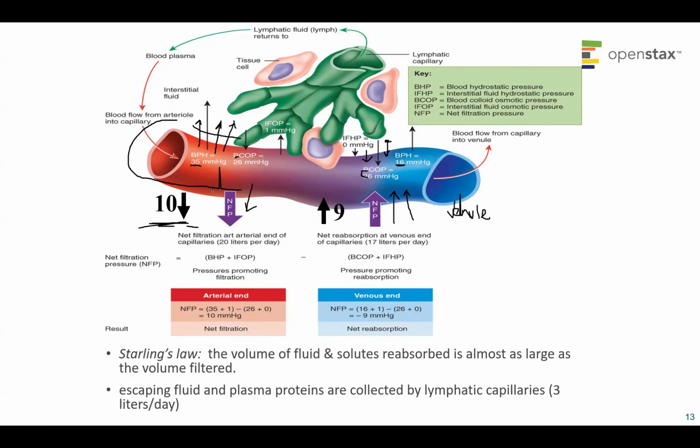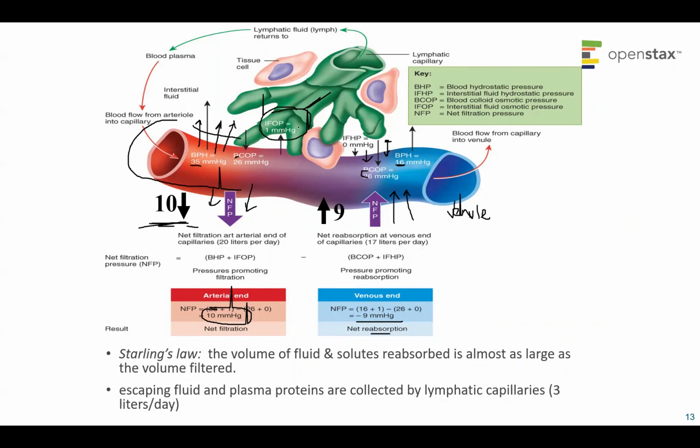Okay, so it will create the net filtration of around 10 millimeters of mercury, and then the net pressure over here, the net reabsorption, is minus 9 millimeters of mercury. And remember, it has to be balanced. What is the one? The one will be entering into the lymphatic tissue.